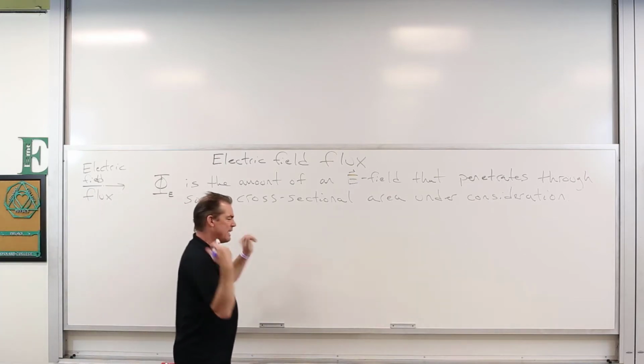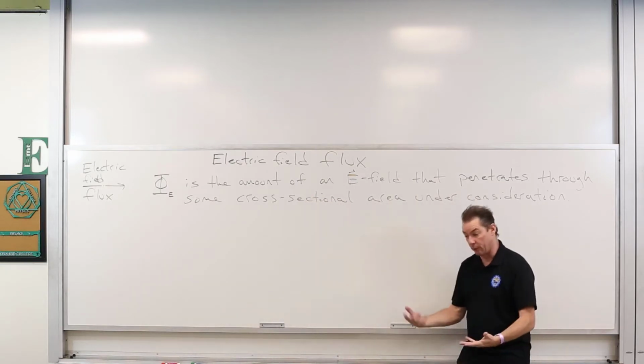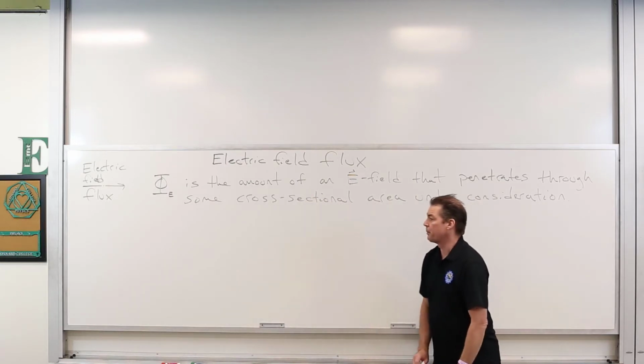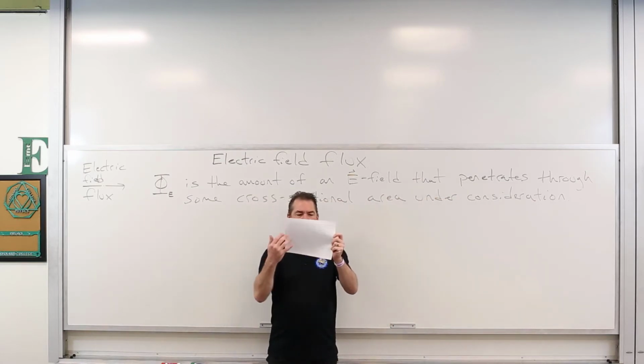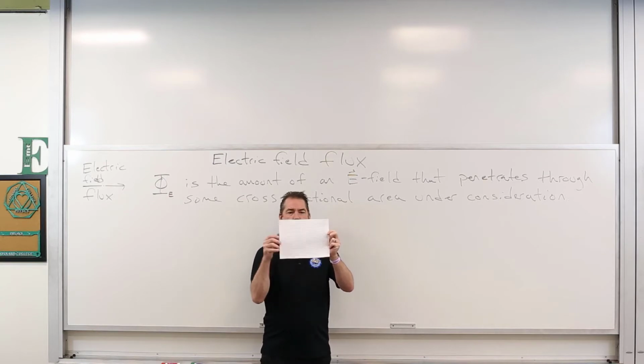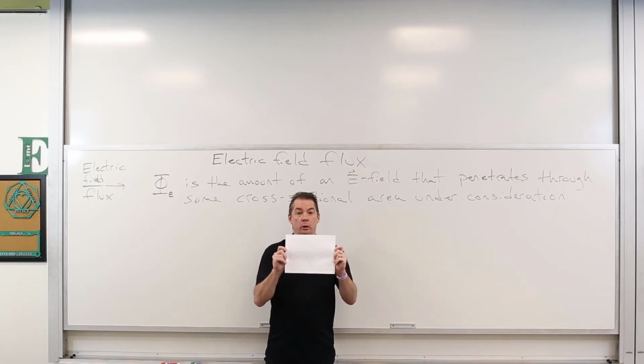So there's some easy instances to understand flux, and then there's some more difficult, which we'll get into as time goes on. Let's stick with something easy right now. Let us consider that this grid here is the area that I want to consider the electric field flux through.